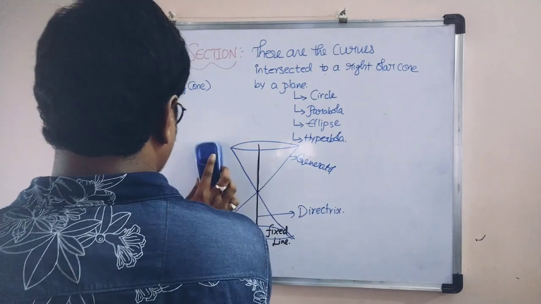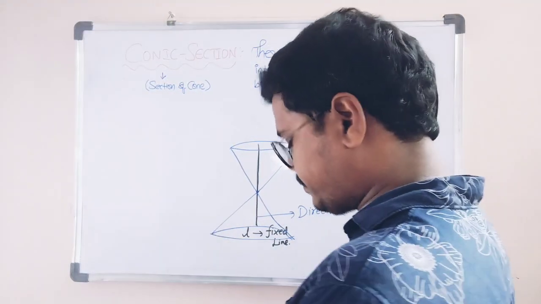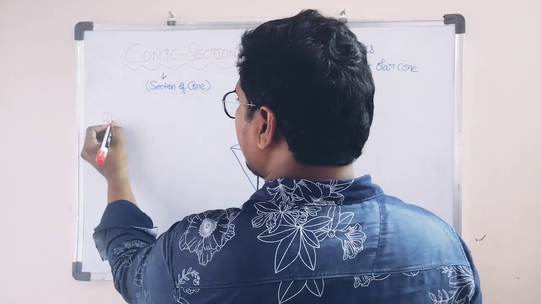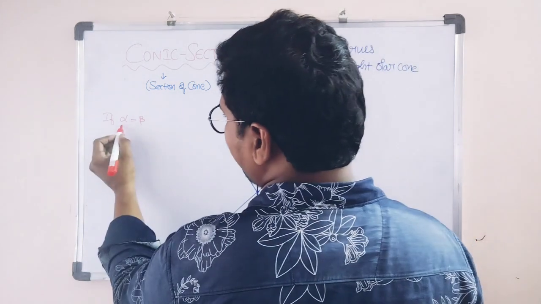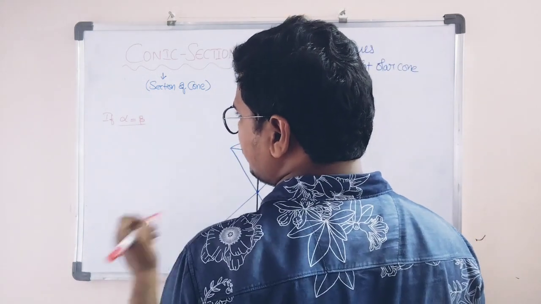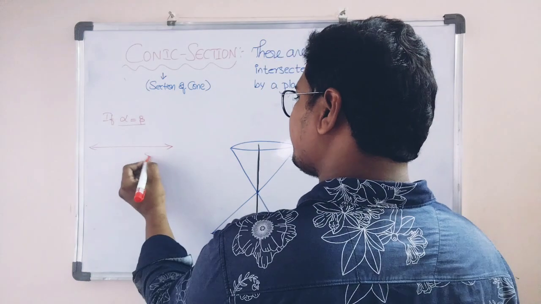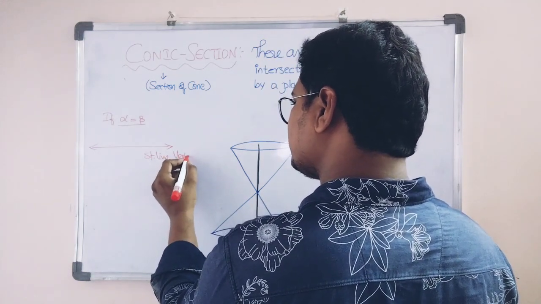And one more, last but not the least, if alpha equals beta, meaning alpha and beta are equal to each other, you know one thing: it forms a straight line. It forms a straight line through vertex.